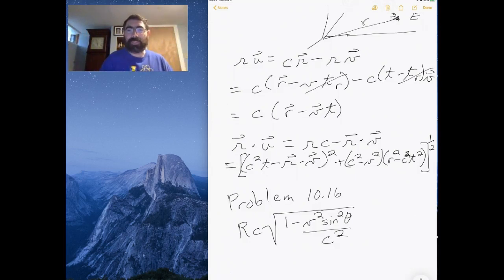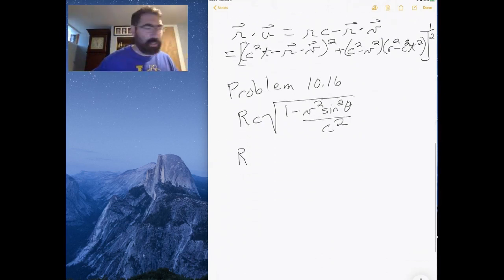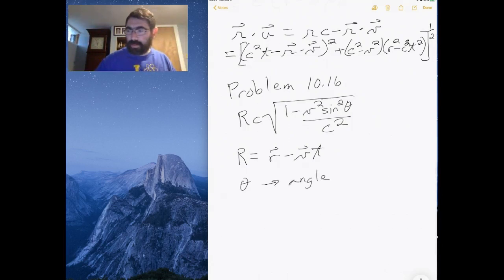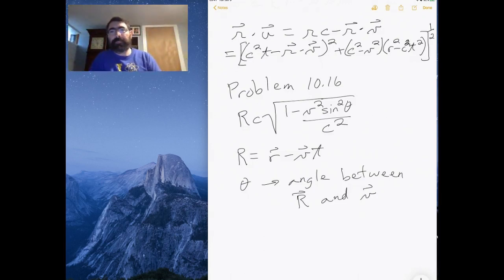So they're basically taking this into account and writing it in terms of polar coordinates, where r is now r minus vt, and theta is the angle between the position and the velocity. So there's a new coordinate system where you can now write it in terms of these quantities right here.